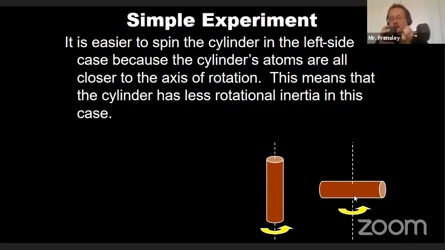So if I choose the center of mass, the mass is close to the axis and I get the least rotational inertia I can. If I choose any other point, then this mass is now farther from the center and it's going to contribute more to the rotational inertia. So rotational inertia depends not only on the object and its shape, but which axis you choose.